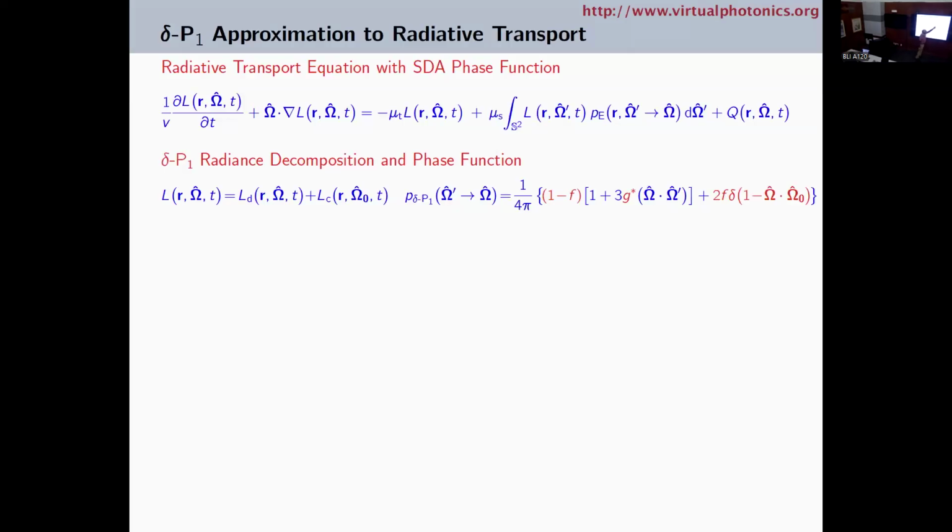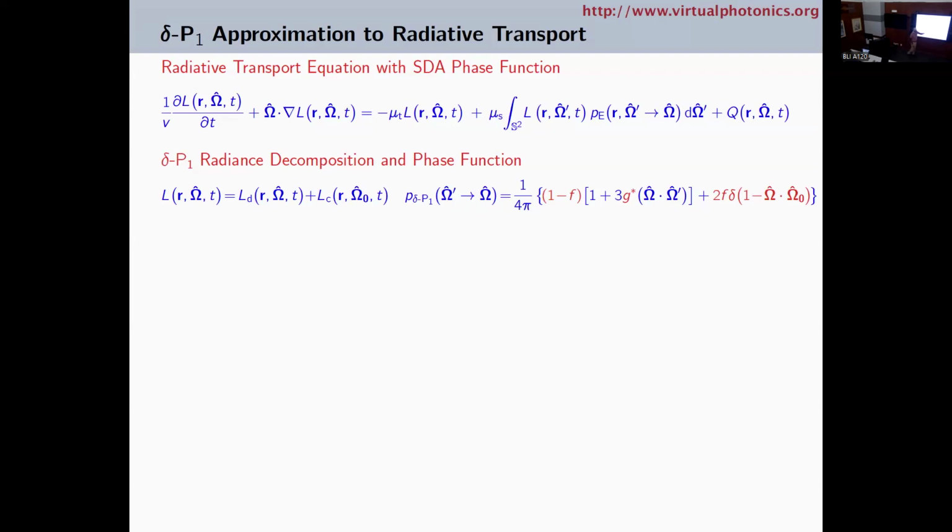And the rest of the light, 1 minus F, scatters again as a cosine. But since you've taken some of the light and maintained it collimated, the G here is a little different. It's a G star, and this G star will always be less than G, okay? Because I've taken some of the angular variation in the collimation away.